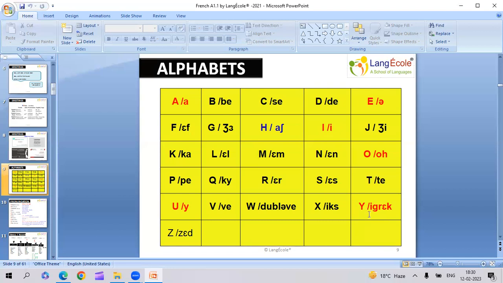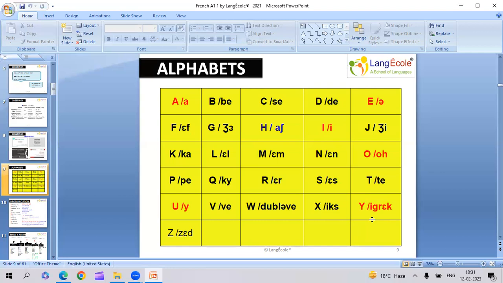If you find it single also, you'll pronounce it as E in a sentence. If it is just written E, that means it is pronounced as E.